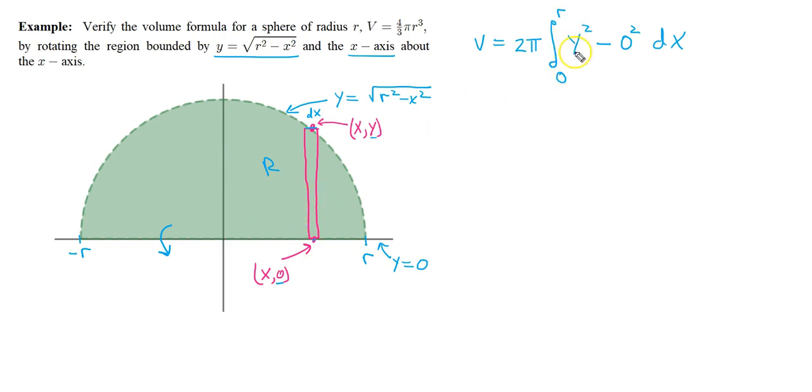It's a little easier because I have a 0 in the lower limit of integration, which makes it easier when we evaluate our integral. You would still get the same answer if you went from negative r to r and left out the 2, no problem.